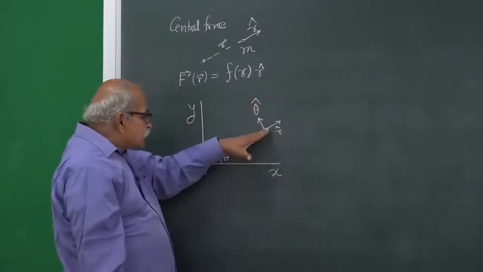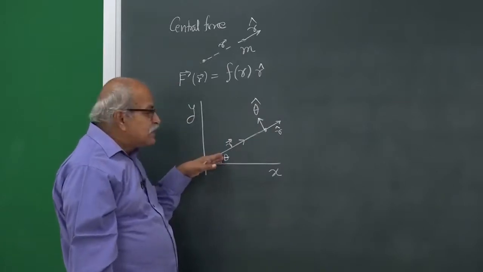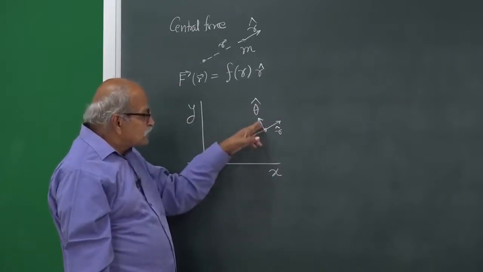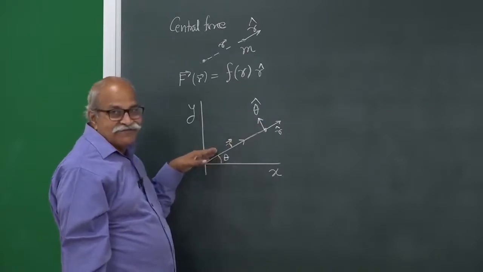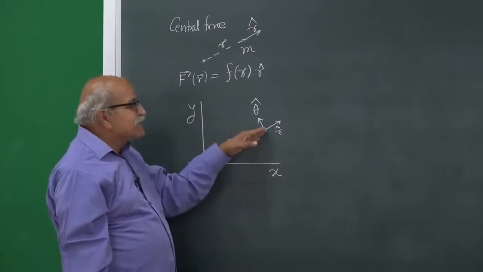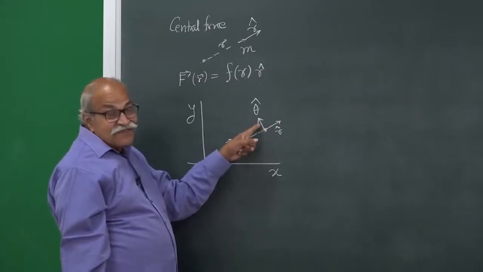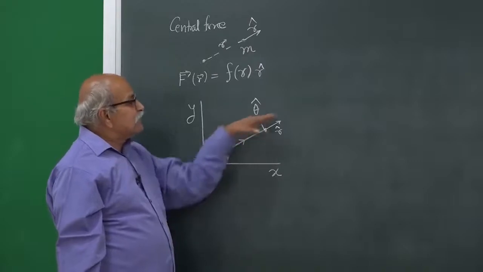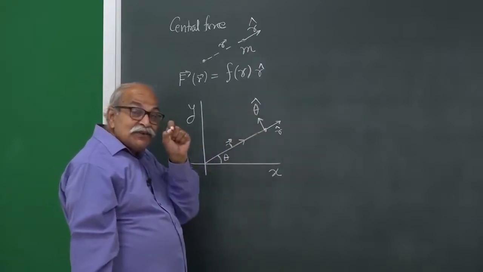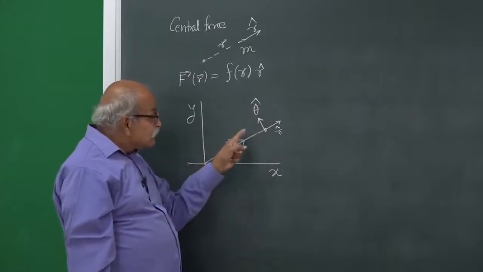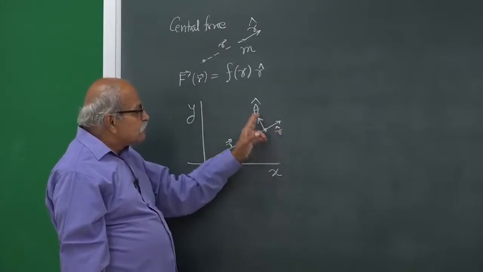If I take the particle in this direction, this theta will increase. If I take it an infinitesimally small distance here, this theta will become theta plus d theta, but r will remain the same. Since it is infinitesimally small, there is no component of that displacement in the r direction, and therefore for that infinitesimally small displacement we take r as constant, only theta is changing. This is r cap, this is theta cap.